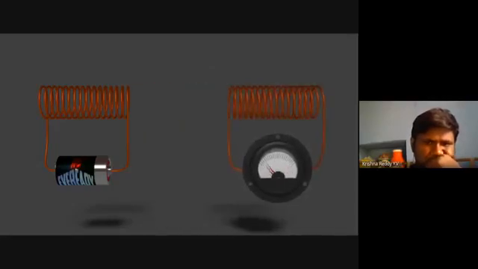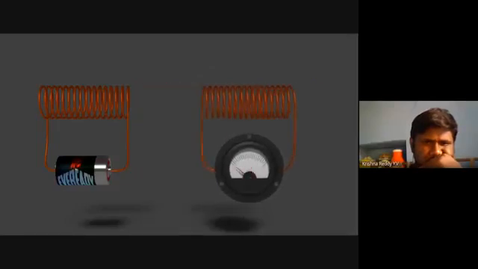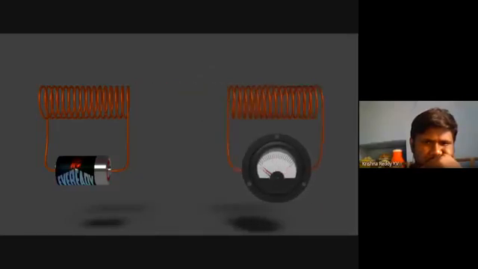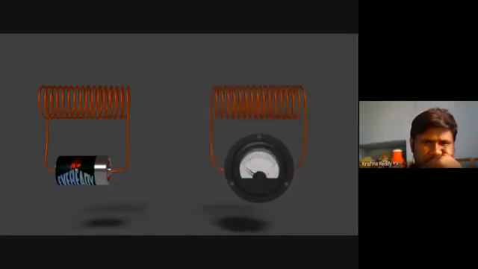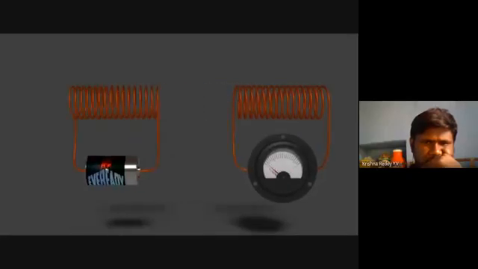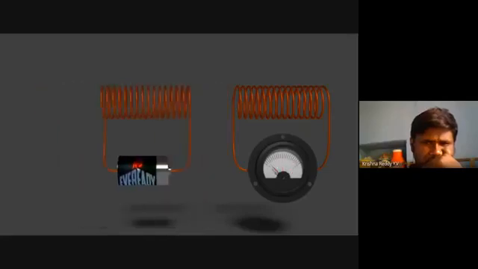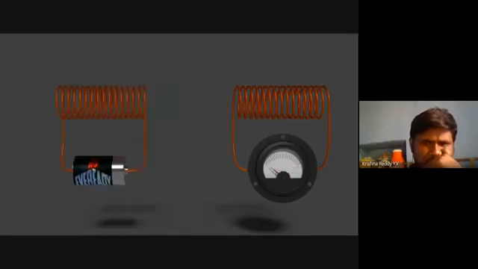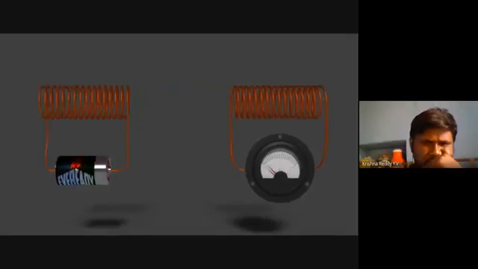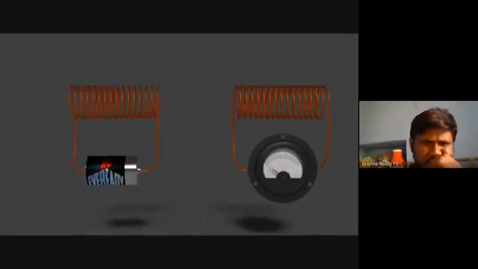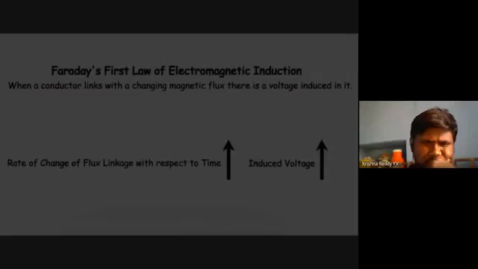We will see that during faster movement of the second coil, there is more deflection of the pointer of the galvanometer connected to it. The same thing happens if instead of the second coil, we move the first coil faster. So, when relative motion between magnetic field and conductor increases, the induced voltage across the conductor also increases.